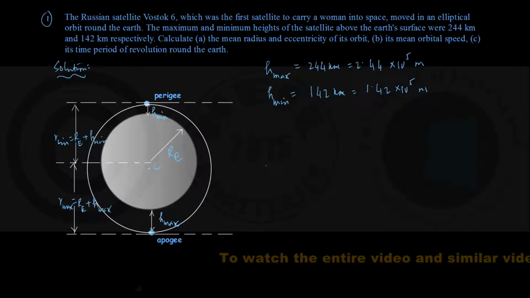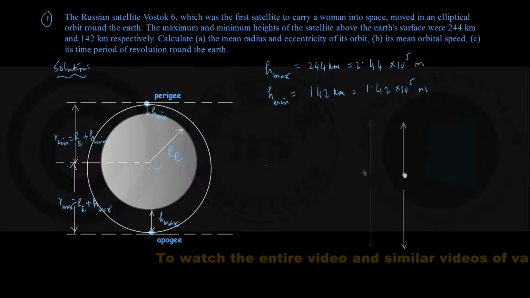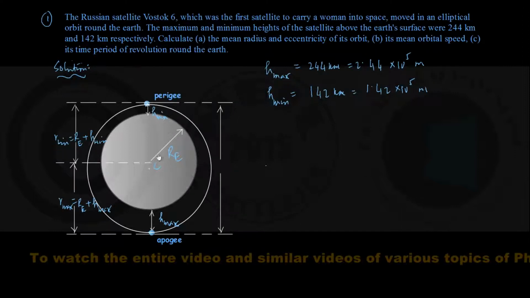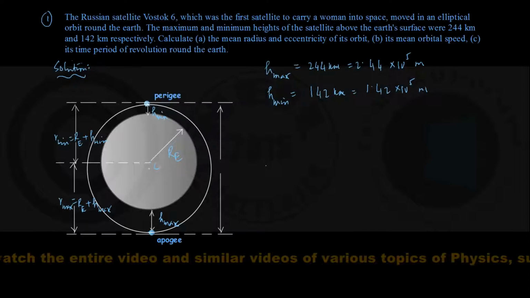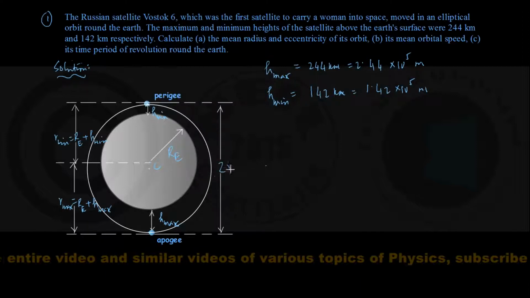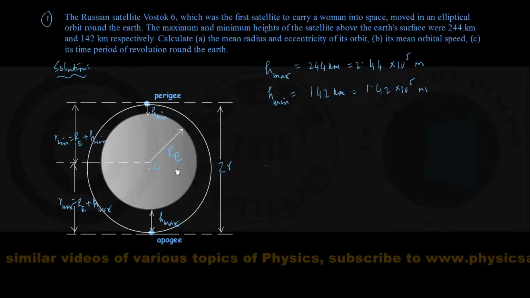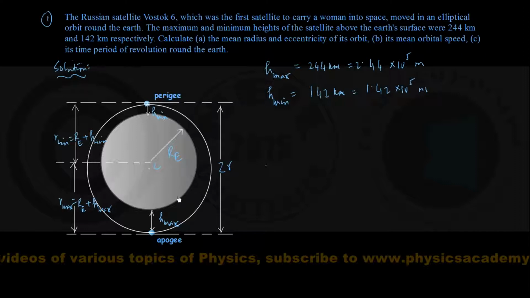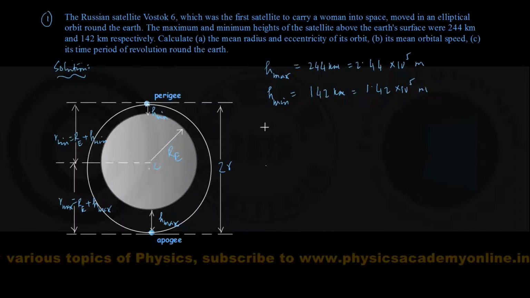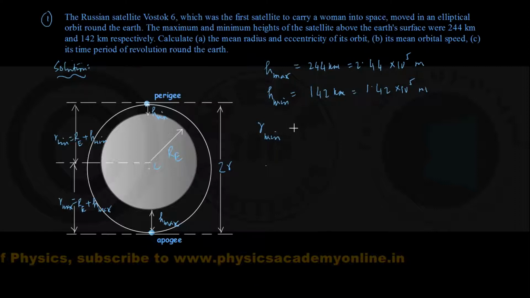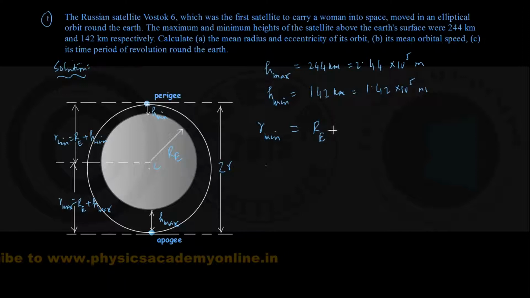And if I could show here, this is the length of the major axis of this elliptical orbit, apogee to perigee distance. This is equal to twice R, where R is standing for the length of the semi-major axis of this elliptical orbit. So we find the minimum distance of the satellite from the Earth's center C is equal to the radius of Earth plus H minimum.